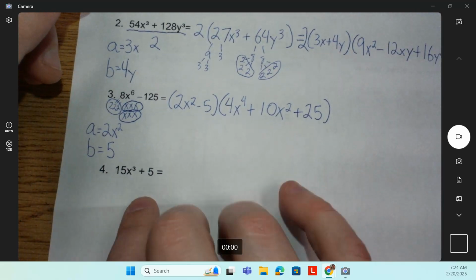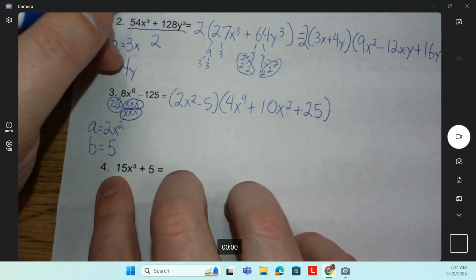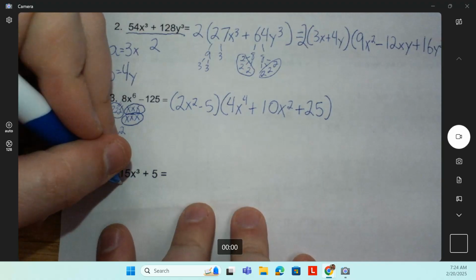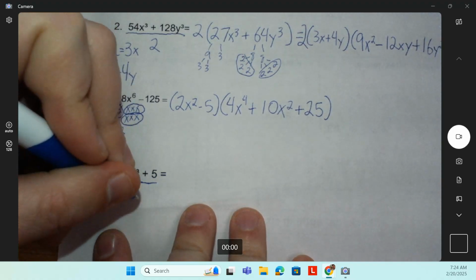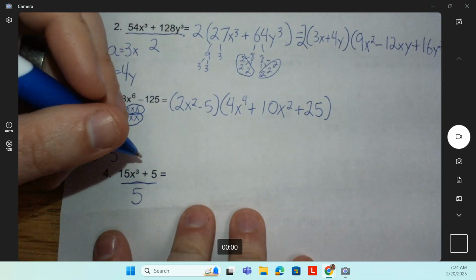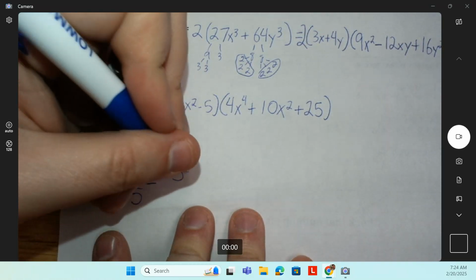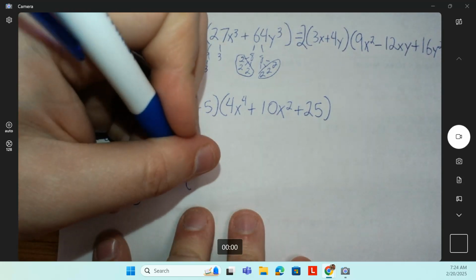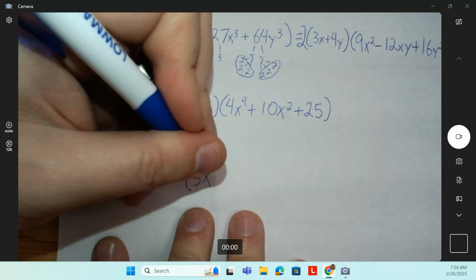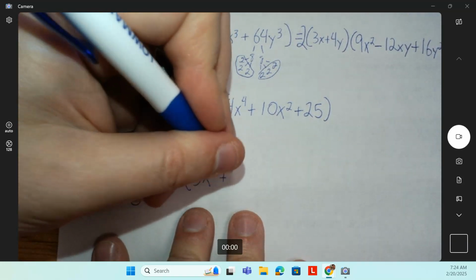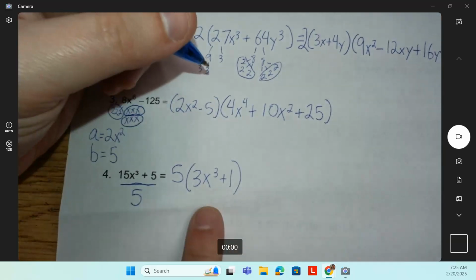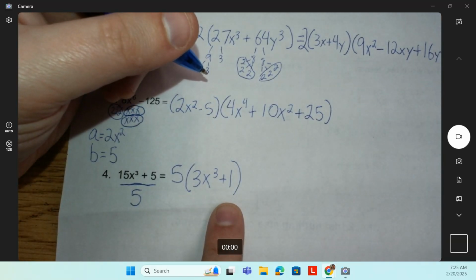Look at number 4. Remembering we're looking for a greatest common factor first. And so pretty quickly we see, oh, those will both divide by 5. So 5 hops out front. And I have 3x to the third power plus 1. Now we've got the 1 that we could take the cube root of, and it'd just be 1.